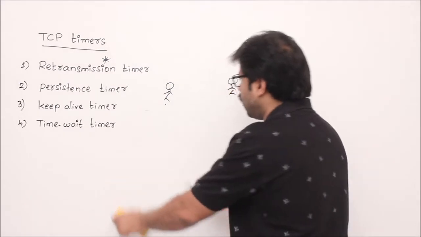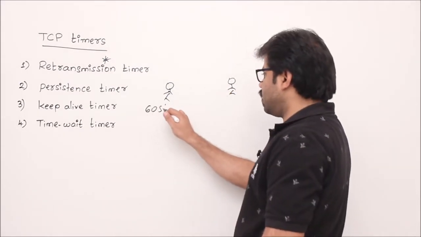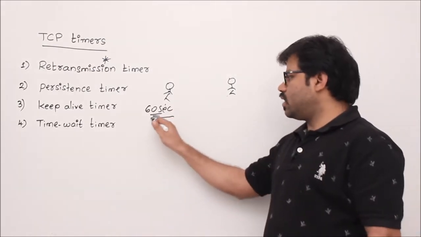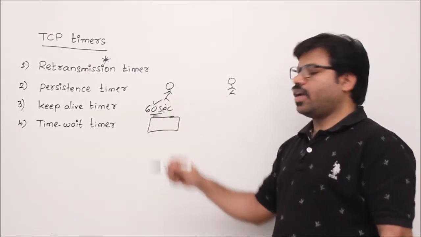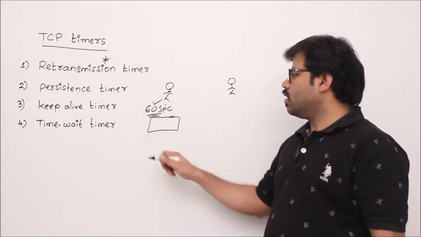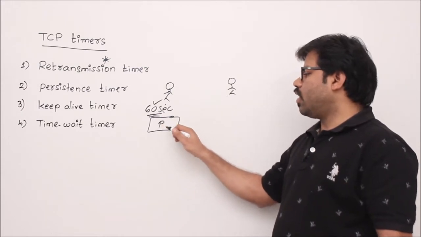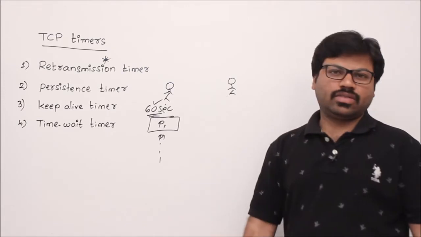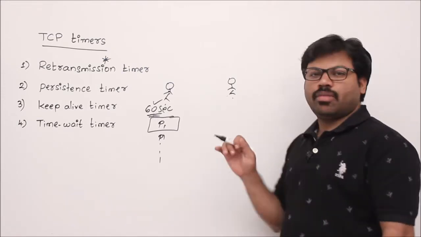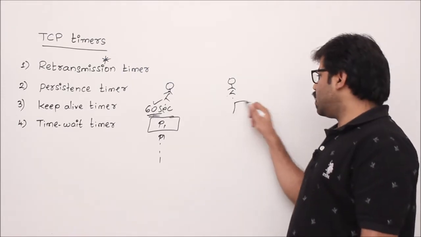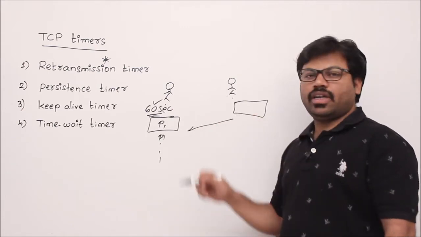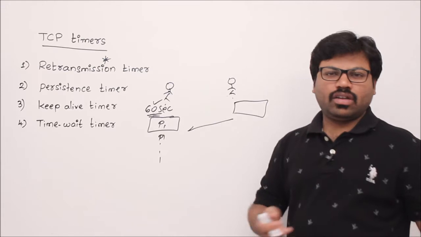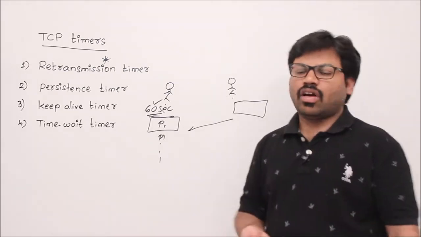Usually the maximum limit is 60 seconds, so after sending a lot of probes, for every 60 seconds we continuously send a probe. Then eventually, at some point of time, when the receiver really has space, he will send the acknowledgement, which will be received by you. At that time we will continue our normal operation.